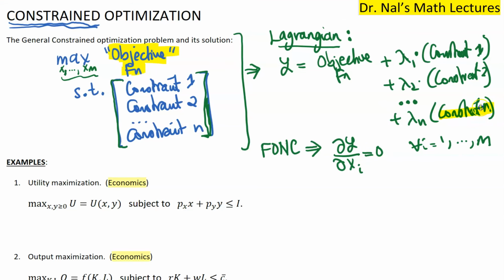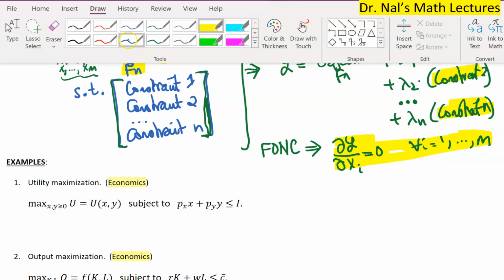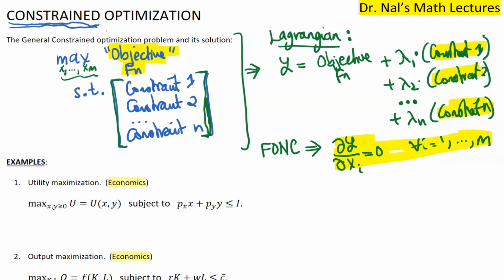So we will end up with n constraints, which will give us n equations, and besides we will have m conditions coming from the derivatives. So in total we will end up with n plus m equations. So we effectively turned an optimization problem into a system of equations.